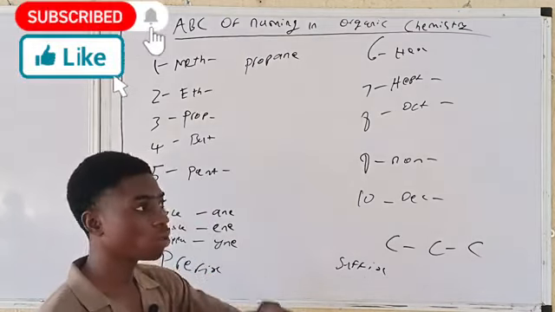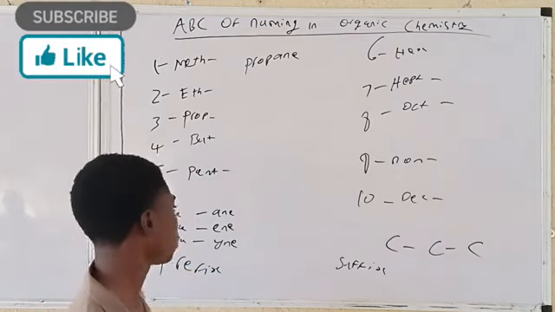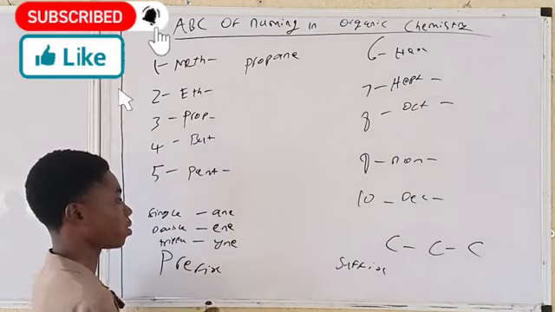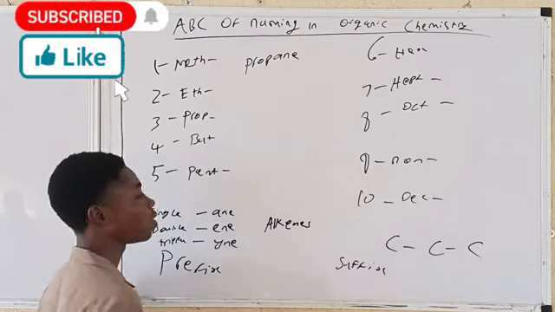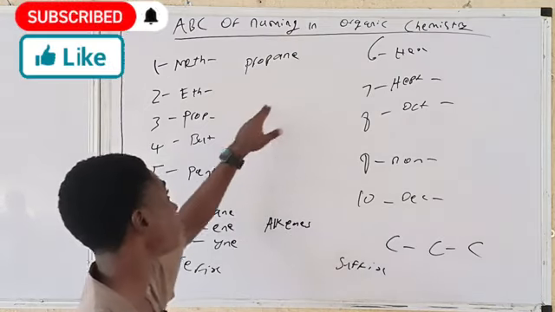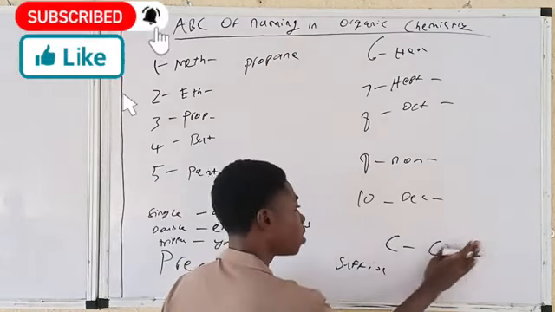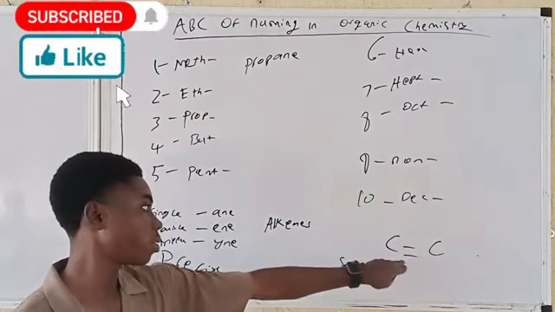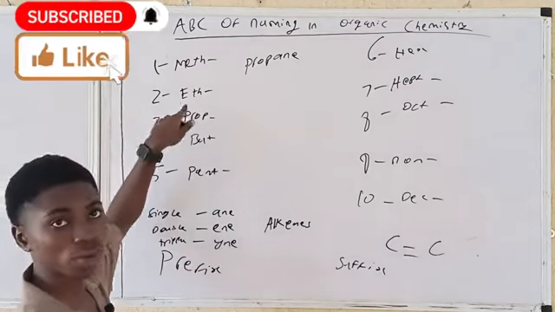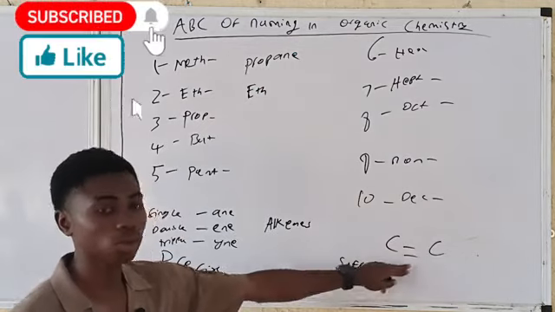Now, the ones containing double bond are called the alkenes. Let me write it. Alkenes. So if you want to name an organic compound containing a double bond, for example, let's look at this. How many carbons are here? Two, right? Two is what? Eth. And you write the eth. And look at the functional group, it is double bond.